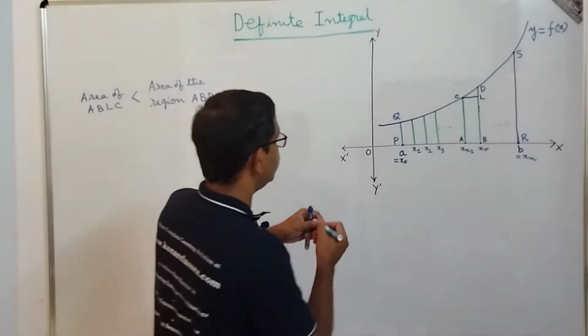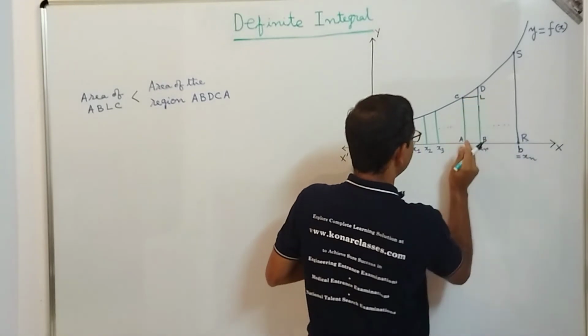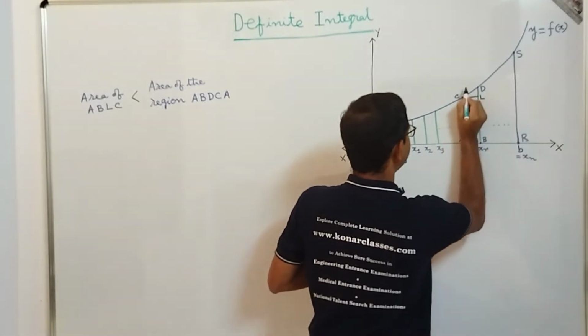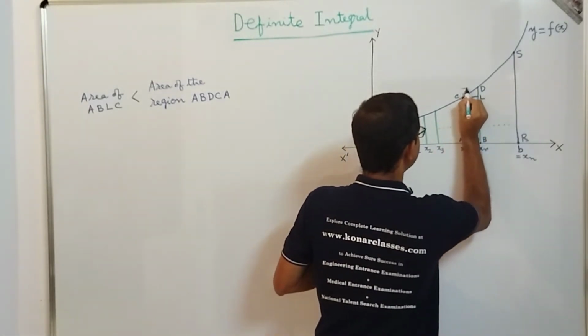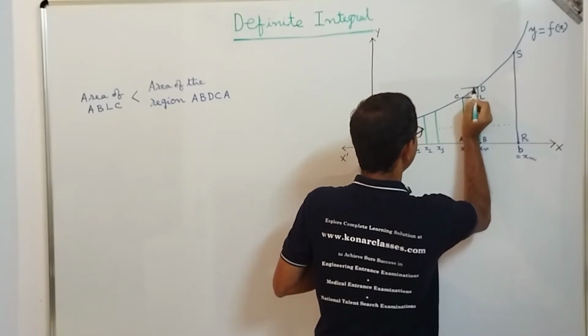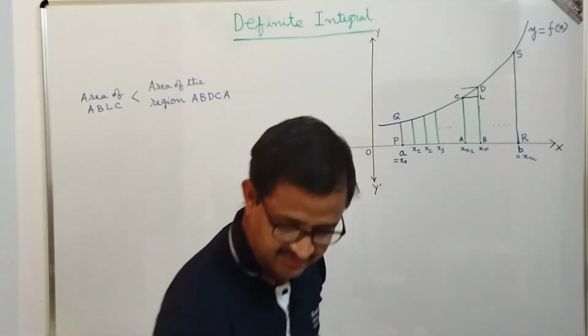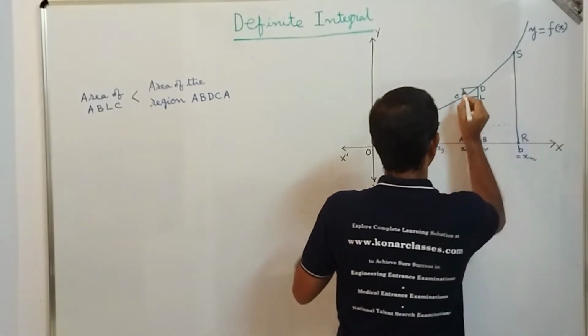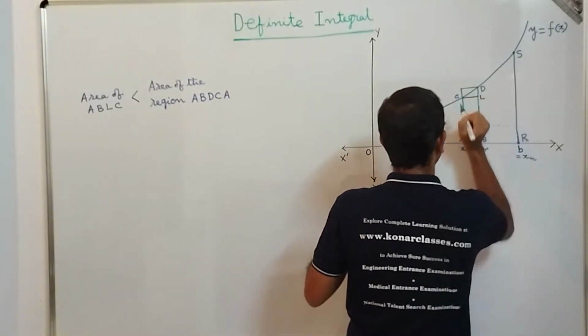And again let us draw a perpendicular, from the point D to the extended line of AC. It will be something like this, and if we extend the line AC, it will be something like this.